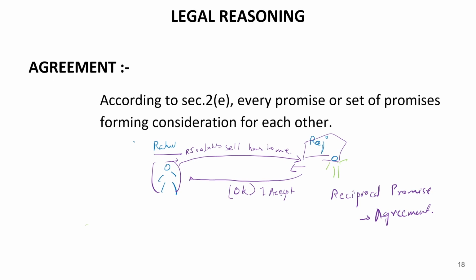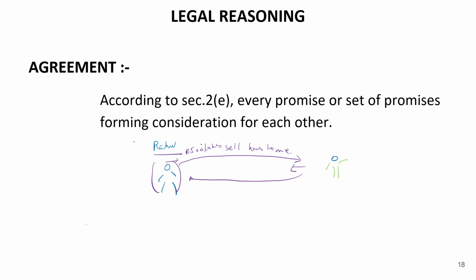Now let's take one other example. That example will help you in understanding that there is one small difference, and we will understand it by taking examples of day-to-day life. It has often been seen that post-communication, we tend to understand that we have communicated our willingness to do this particular act. In this particular example, Rahul has communicated that he wants to purchase Raj's house for rupees 50 lakhs.